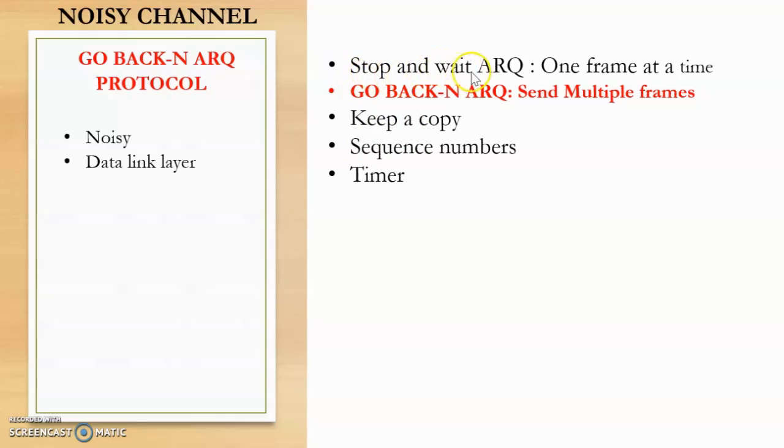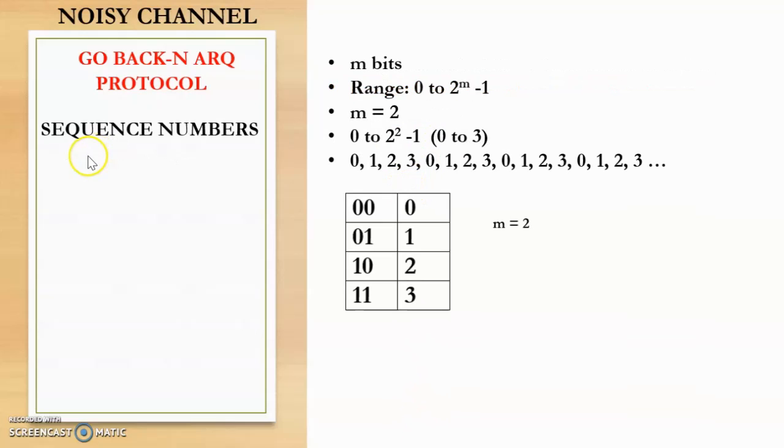Like the stop and wait ARQ protocol, this Back N ARQ protocol also will have sequence numbers so the frames can be easily identified. Also a timer will be present in Back N. So if the acknowledgement is not received and the timer expires, then the frame will be resent.